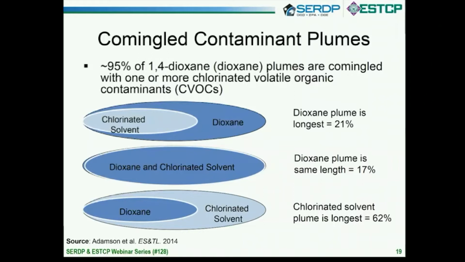What we found in a previous SERDP project with GSI was that nearly 95% of the dioxane plumes contain one or more chlorinated solvents. So with anything that has mixtures, if we want to remediate them, we want a technology that can take care of diverse contaminants, preferably in one shot.